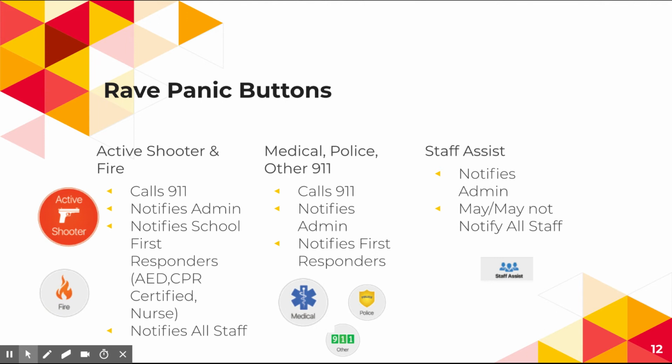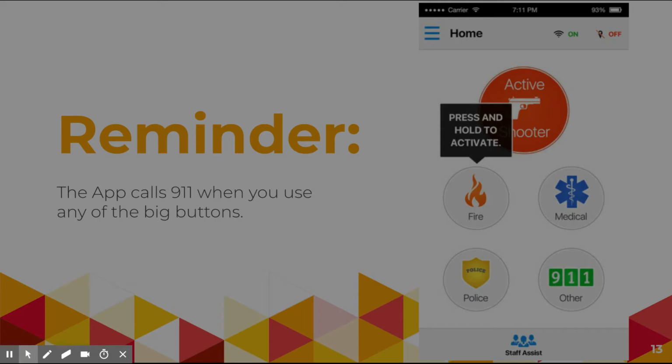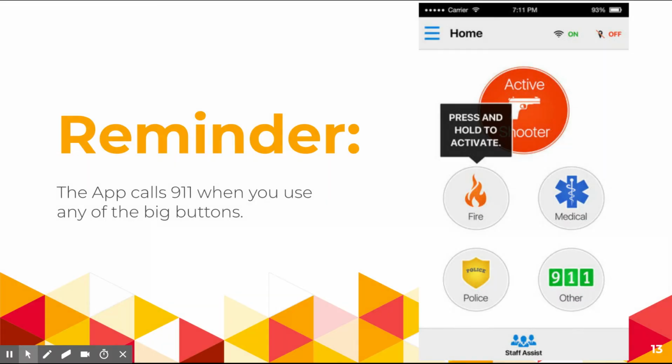Pressing any of the emergency buttons inside of the Rave Panic Button app will always dial 911, so you will be connected with a 911 call taker. Based on your location at the time of pressing the button, the system will determine whether the emergency notifications need to be delivered to campus administrators and school resource officers, as well as other individuals on the campus.